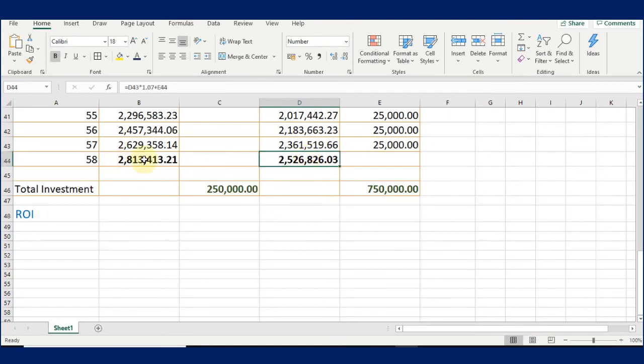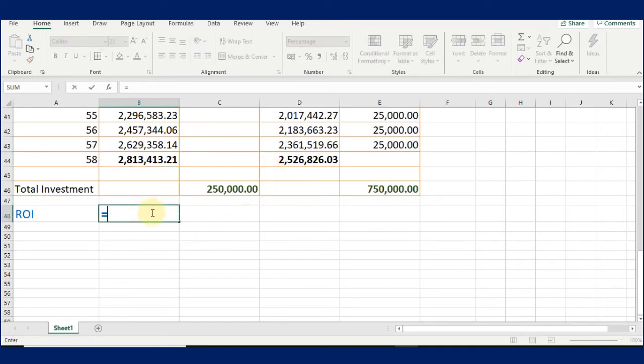As you can see, even though Bob's total investment was 750,000, whereas for Alice it's only 250,000, when they reach age 58, Alice has more money than Bob. All right, so amazing, right? So that is really the power of compound interest.